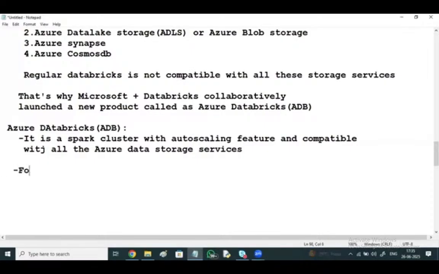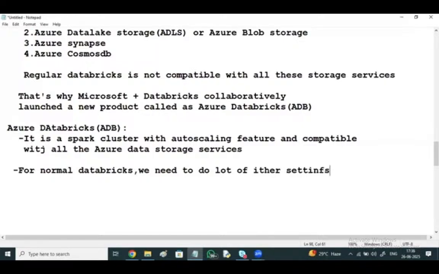Even for normal Databricks, we need to do a lot of other settings. We need to call different APIs.